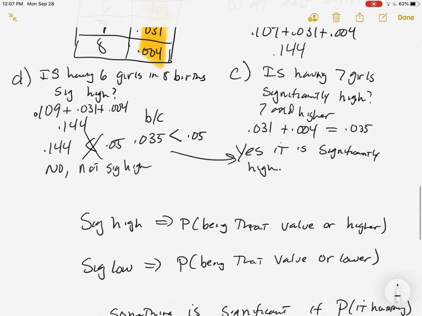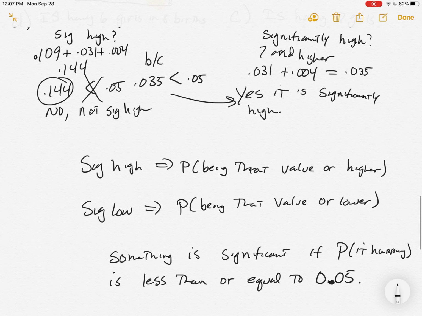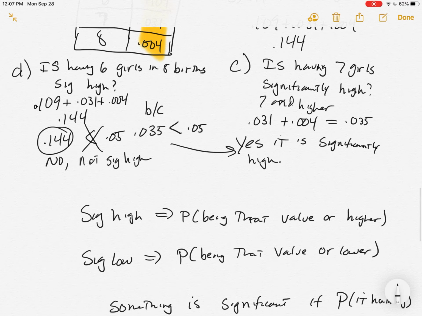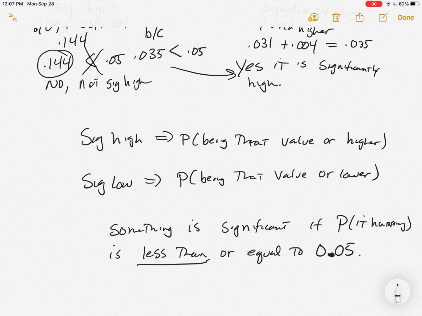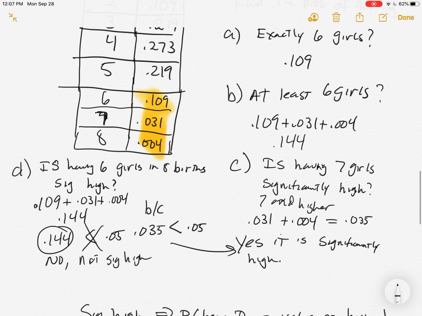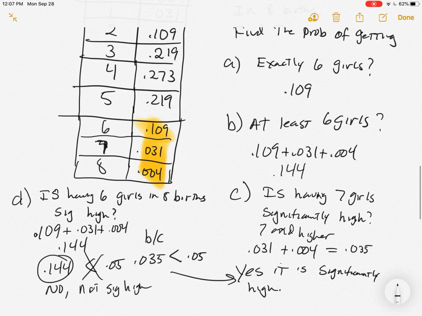So again, 6 wasn't significantly high because 0.144 was not less than 0.05. But 7 was significantly high because when I looked at 7 and higher, I got 0.035, which is less than 0.05, so it was significant. Those are the things that you're doing here in 5.1.